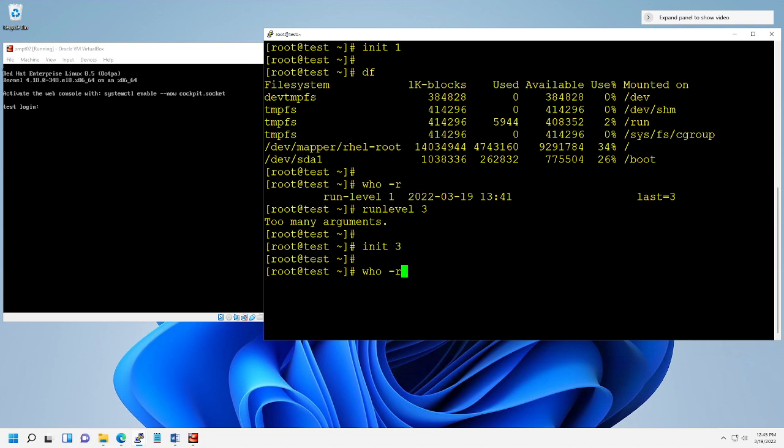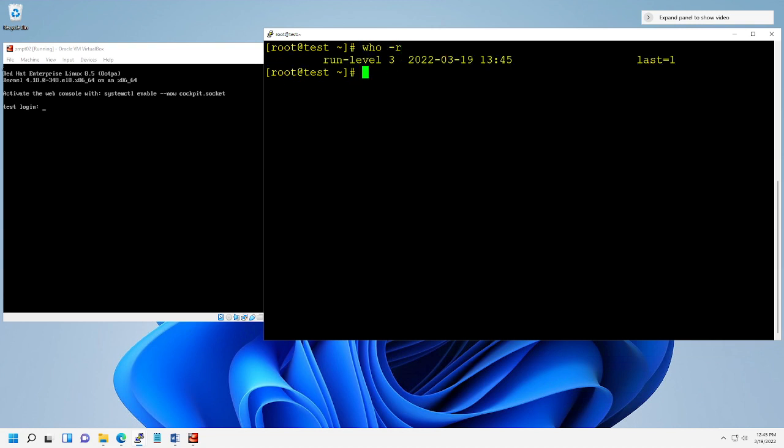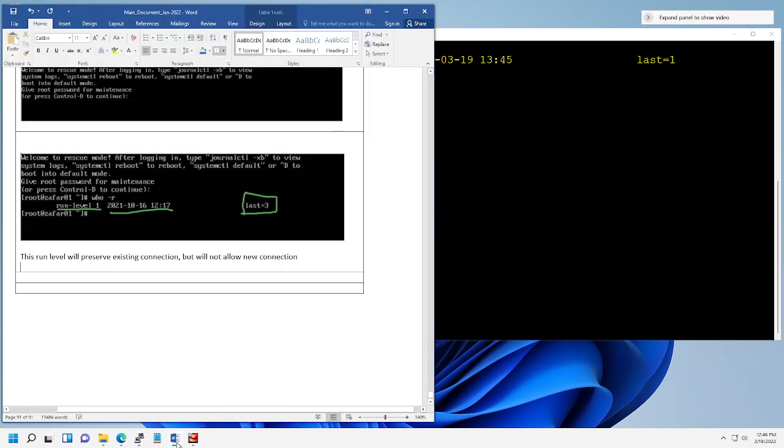You just saw on the right side it changed the run level here. So who -r, run level is 3. This run level will preserve existing connection but will not allow new connection. Okay, good.